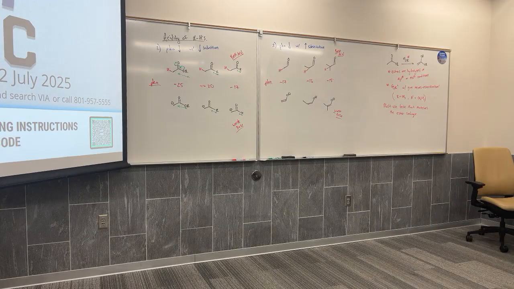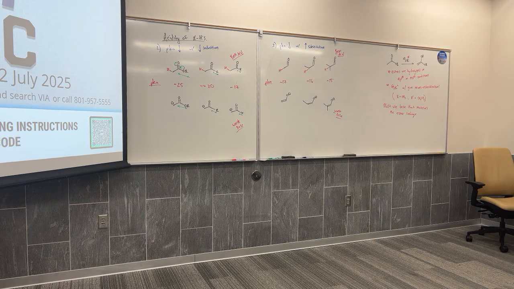Okay, we don't have time to get into the third and final component of acidity, so this is where we'll pick up tomorrow. We'll talk about how resonance impacts acidity. We'll look at different types of bases that can be used to control our regiochemistry.